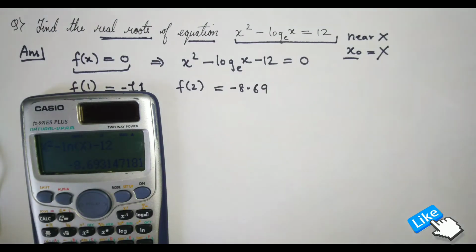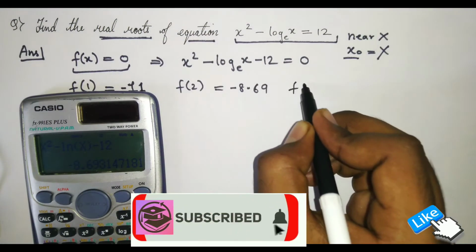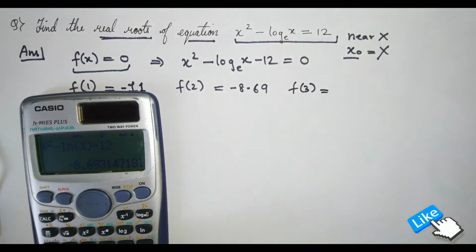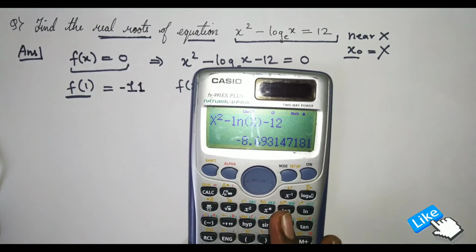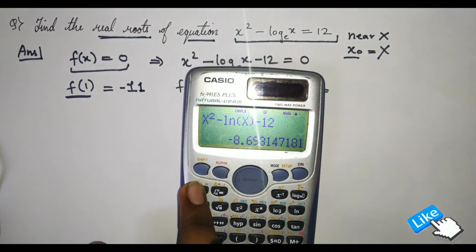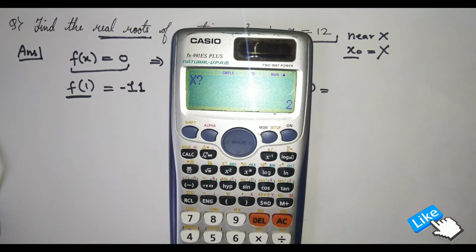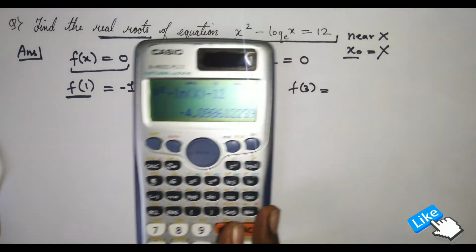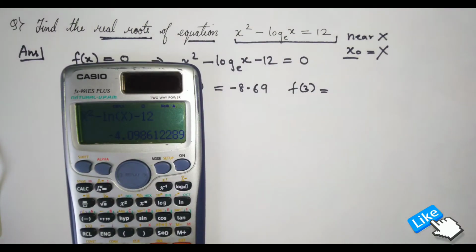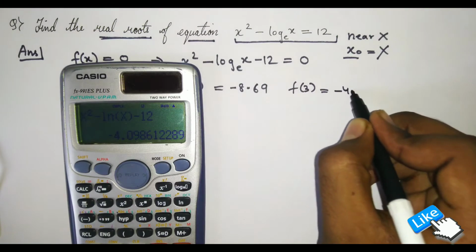Now next, f of 3. Again press calculate, enter 3 for x, press equal to, and you will get the f of 3 value, that is minus 4.09.